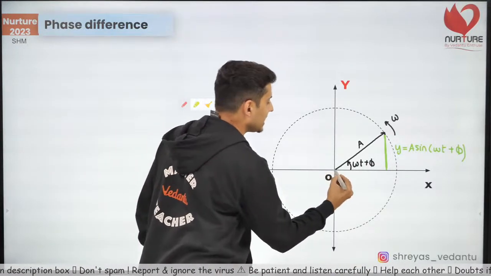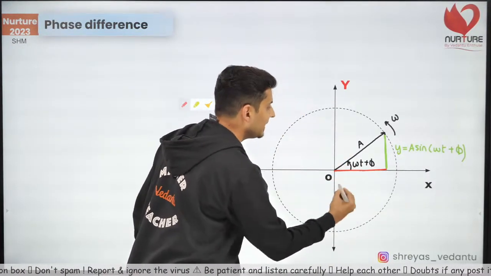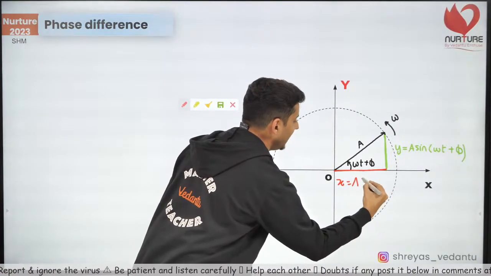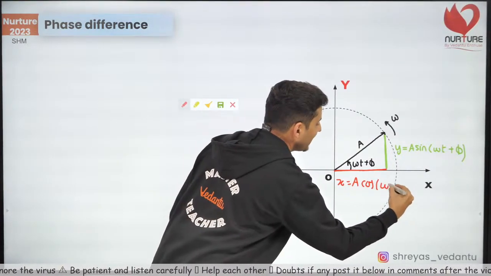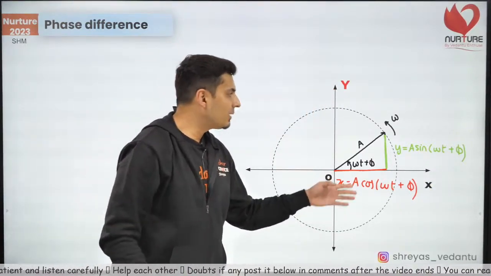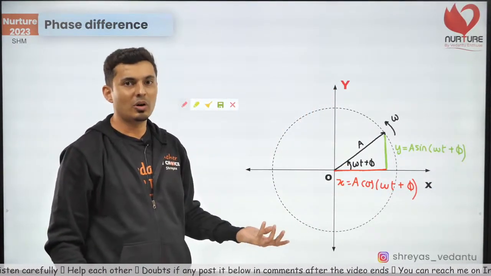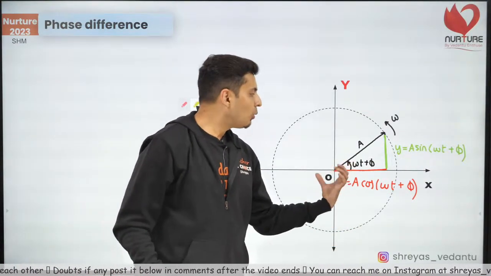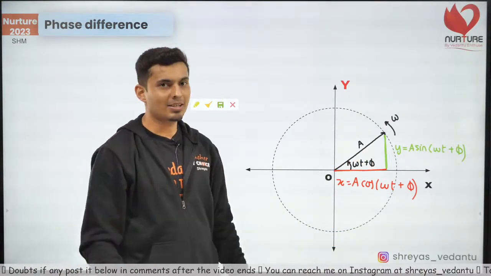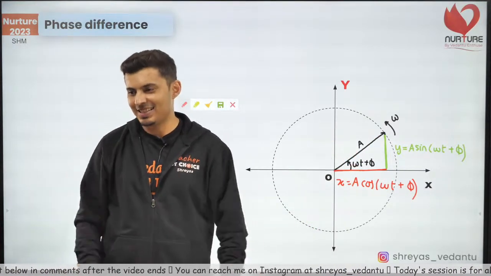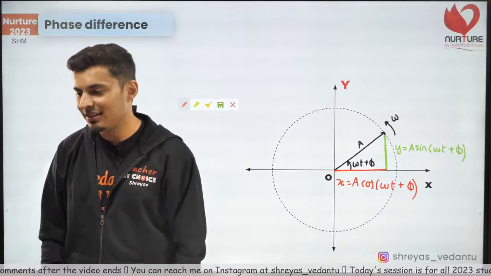But if you look at the adjacent side, then it will be the x coordinate, which will be A cos omega t plus phi. So whether you use sine or cos, it is still a SHM. Just the way in which you are looking will change. Are you looking at the y coordinate or the x coordinate? That's it. So it really doesn't matter.